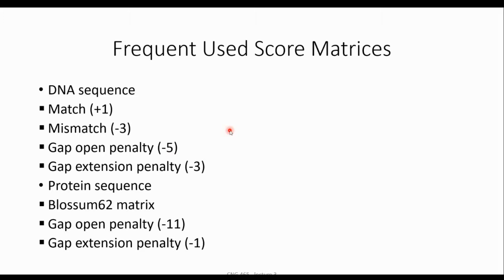I already sent you one announcement related to that to distinguish between different types of gaps. And these are just suggested values that you can use. They are most frequently used, but it doesn't mean that if they are used frequently, this is the best. Sometimes we should modify it. And in different examples, you may receive different ones.